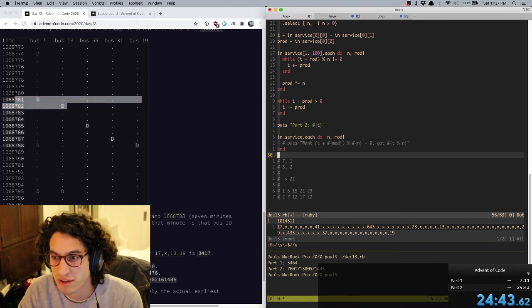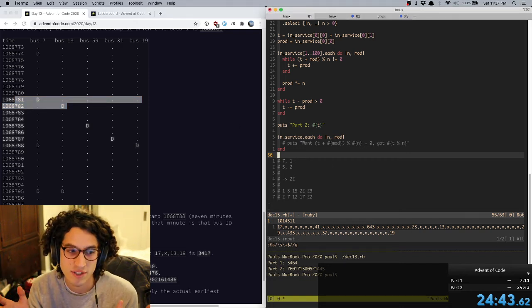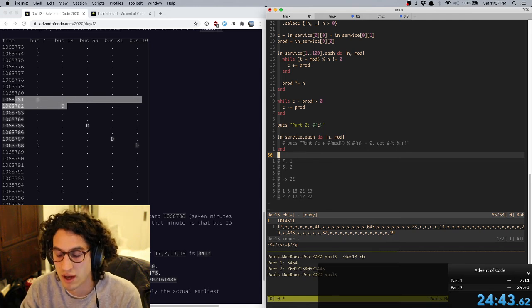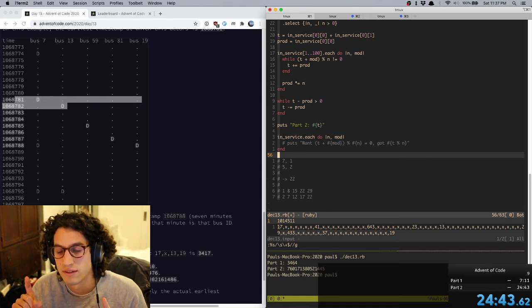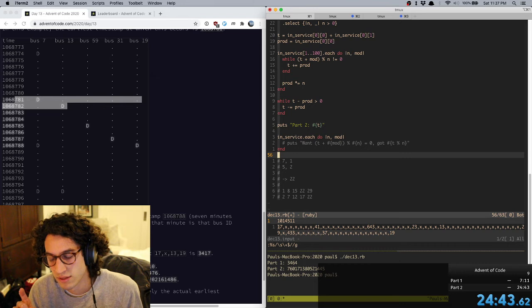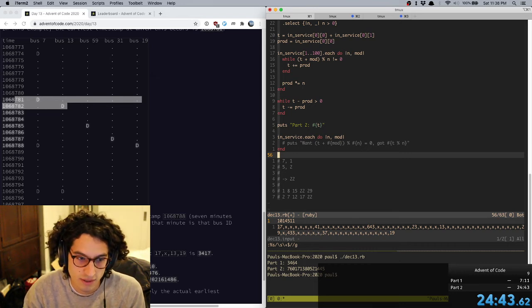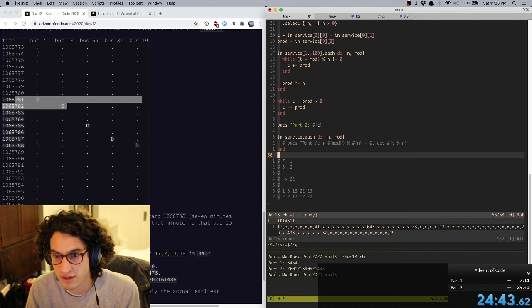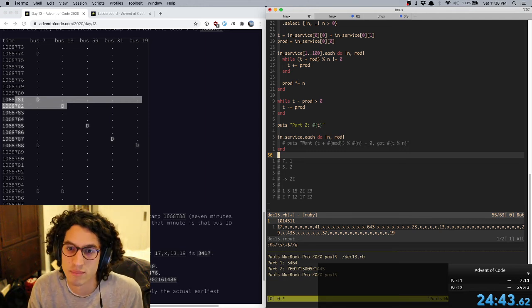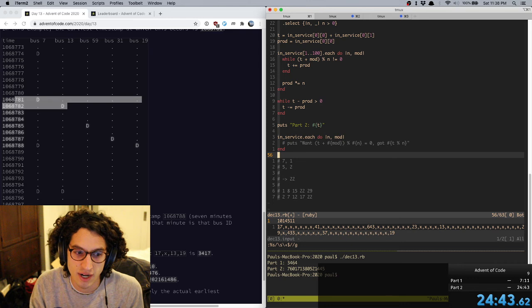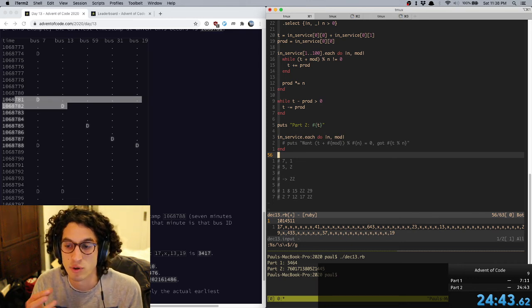Basically, the Chinese remainder theorem says if you have two numbers that are relatively prime, and you have a modulus relative to one and a modulus relative to the other, there's exactly one number between 0 and their product that has both of those moduluses.